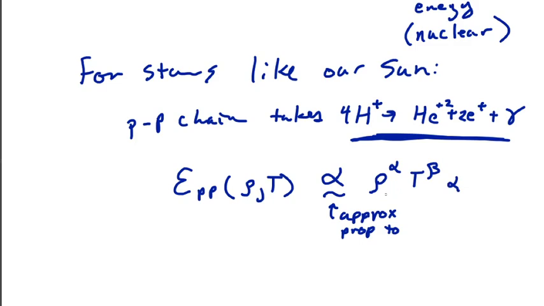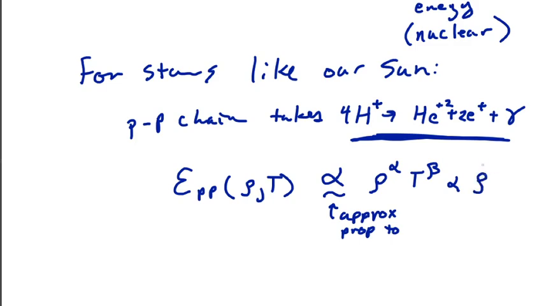For two things coming together, the pp chain shows 4 goes to 1. This actually happens in individual steps: hydrogen plus hydrogen turns into deuterium, and then you collide another hydrogen with that. So it's basically two particle interactions chaining together to give you an overall reaction.